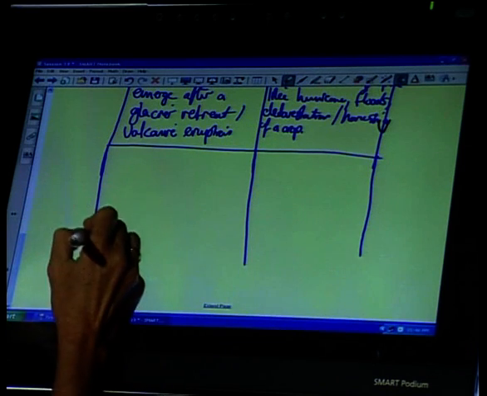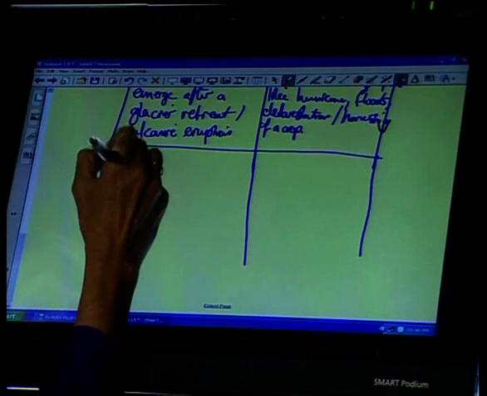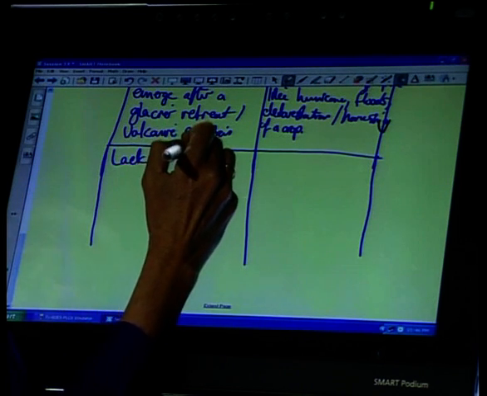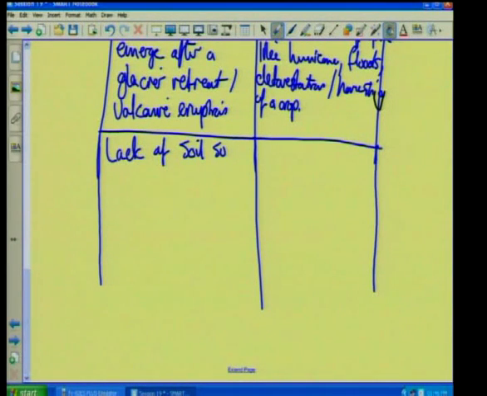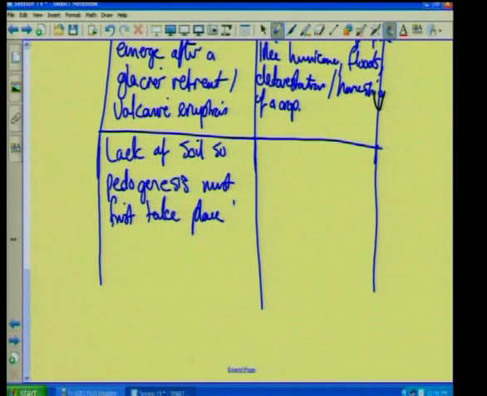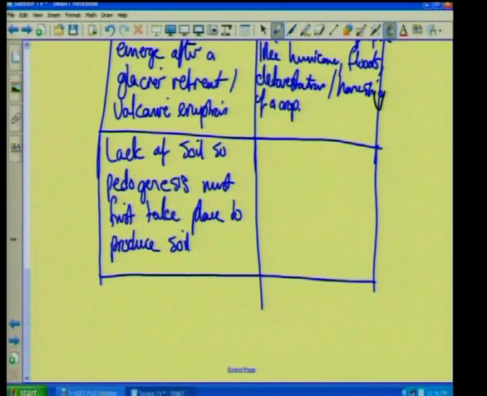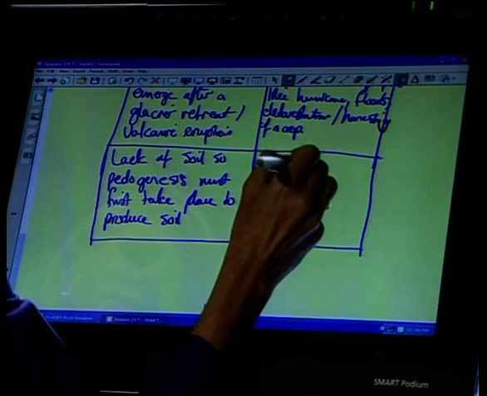Now we have to give 3 factors. So a third one, I would say here there is a lack of soil. So now remember the word we did just now, pedogenesis must first take place to produce soil. Okay, remember your pioneer species, at least your opportunistic species, are going to need the soil. And then on this side here, we already have fertile soil.